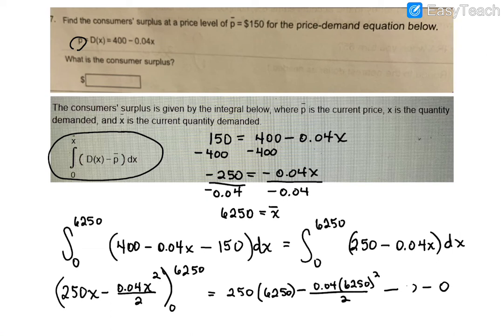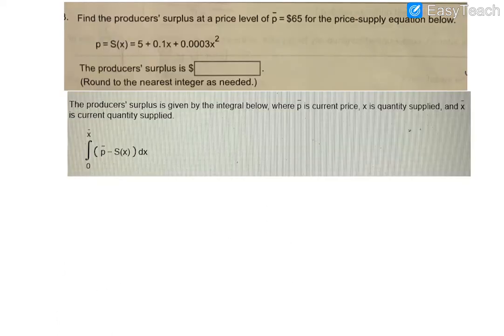Okay, so when I plug in the rest of this, then I'm left with $781,250. So they're having us round it to the nearest dollar. $781,250.